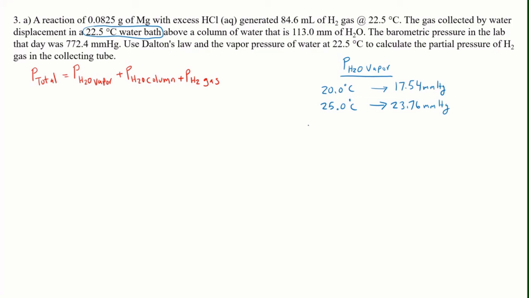So this can easily be done by saying 23.76 millimeters of mercury minus 17.54 millimeters of mercury, divided by the difference in temperature, which is 25 degrees Celsius minus 20 degrees Celsius.